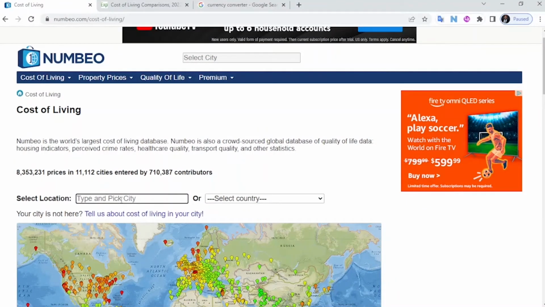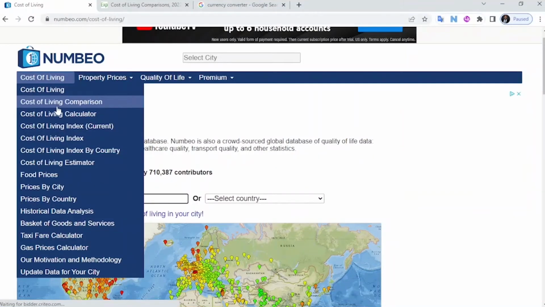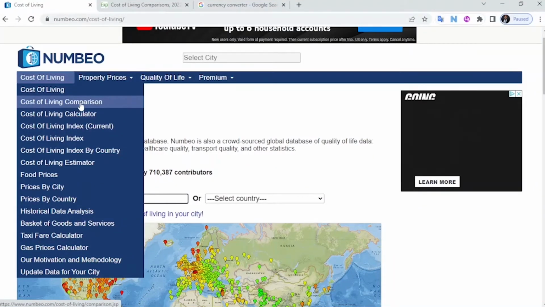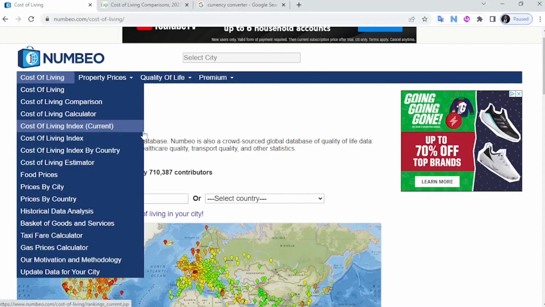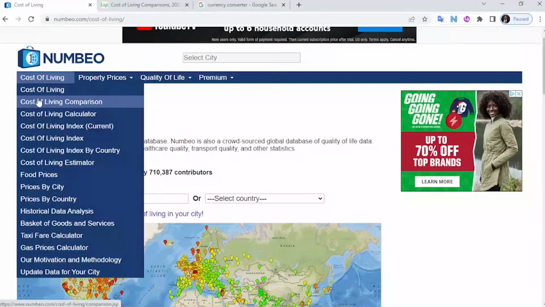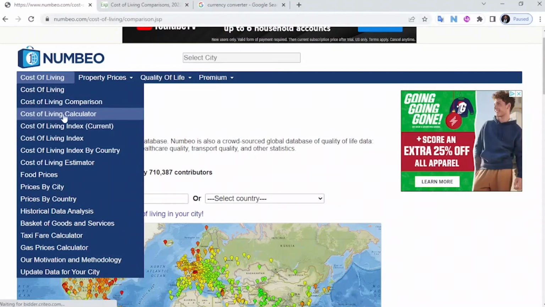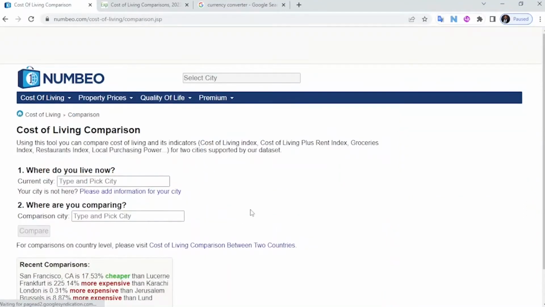Now, bear with me if my internet is running slow. So let's just go ahead and pick cost of living comparison. Okay. Let's check that out. Come on. Okay. All right. So what do we want to live?